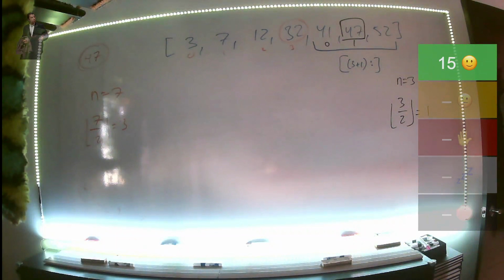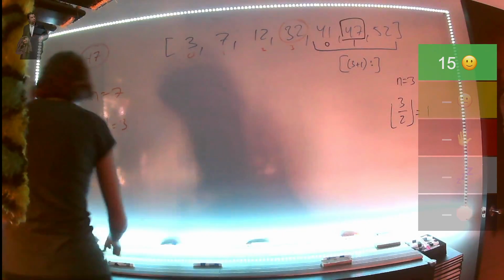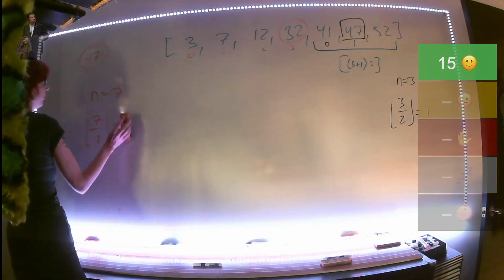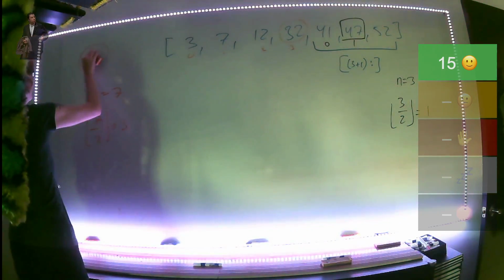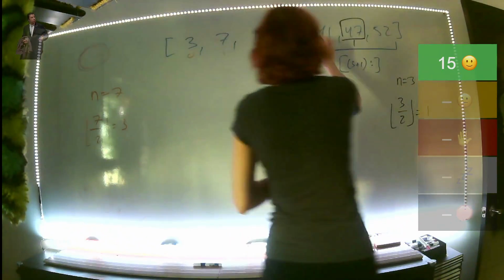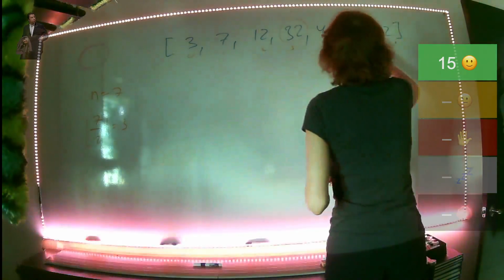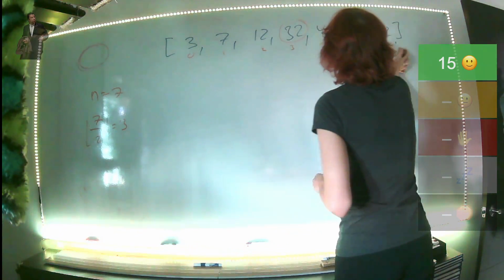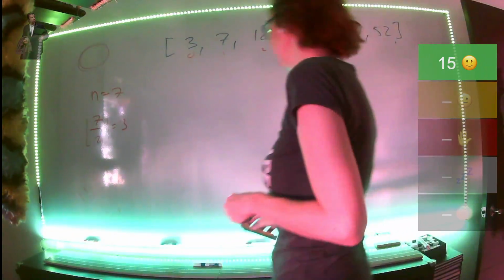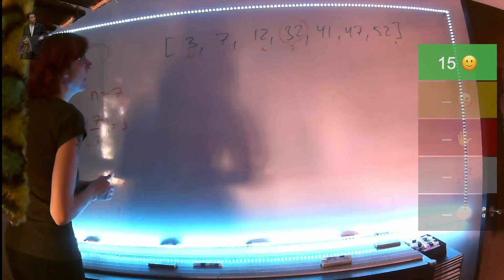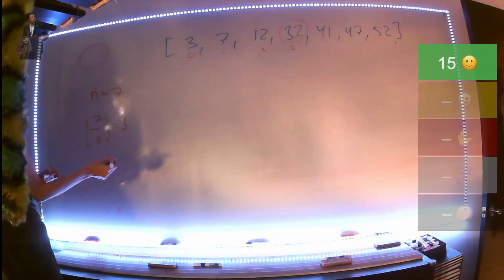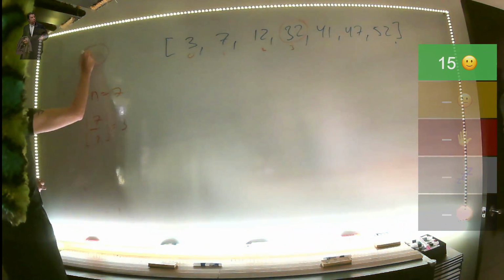So let's do a second one where I'm looking for a value that isn't there. So the first stage is going to be exactly the same. And the second one will depend on the value that we are looking for. So let's look for a 20. I'm looking for 20.